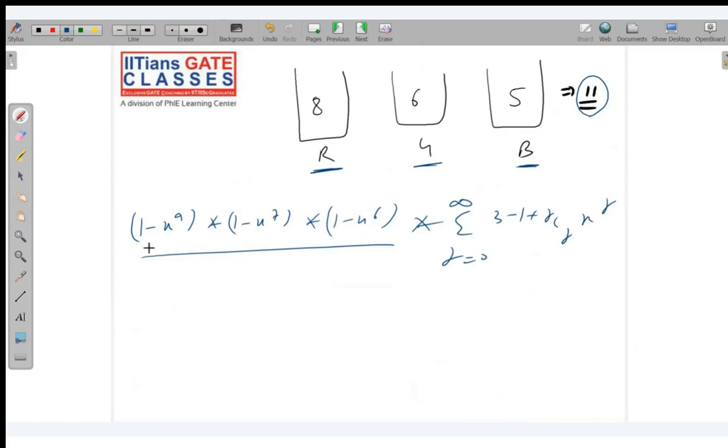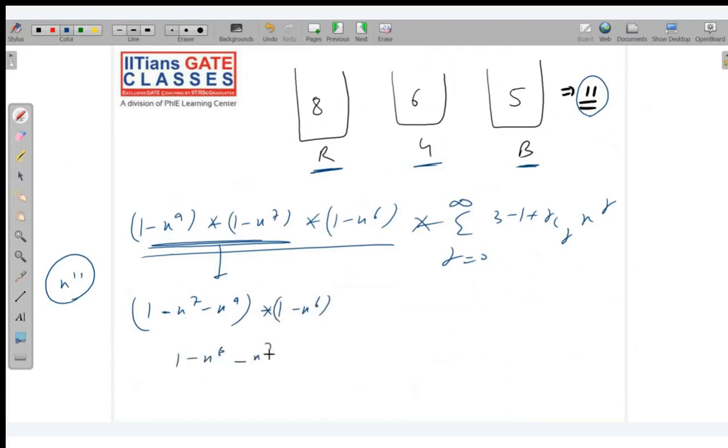Let me do it, no problem. So the coefficient of x power 11 we want to find. So 1, then minus x power 7 minus x power 9, I will leave that because it will be more than 11, multiplied by 1 minus x power 6. So 1 minus x power 6 minus x power 7, plus it will be more than 11, leave it; minus x power 9, plus it will be more than 11, leave it, into sigma r equals 0 to infinity, so it will be (r plus 2)C2 x power r.